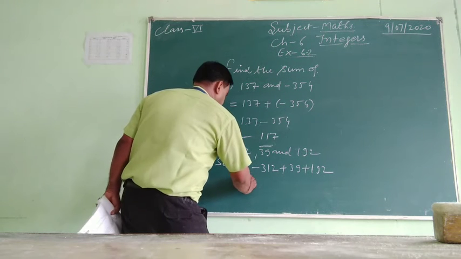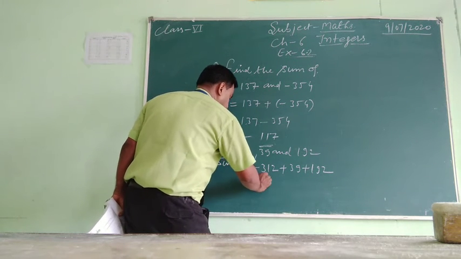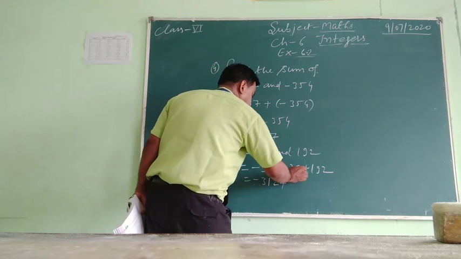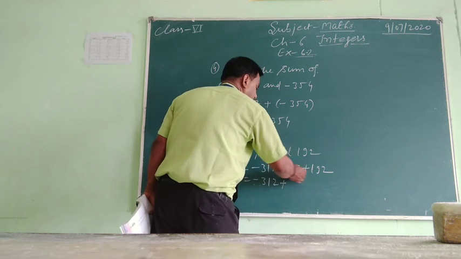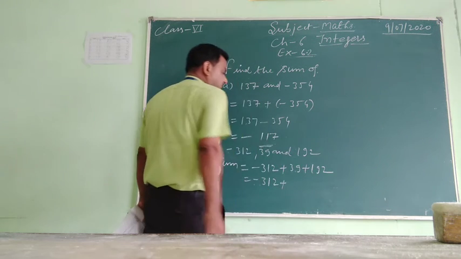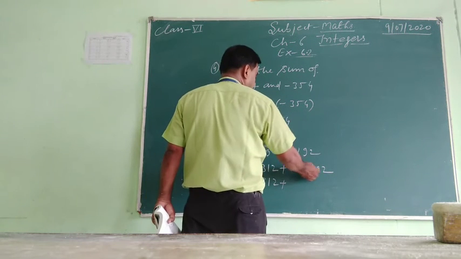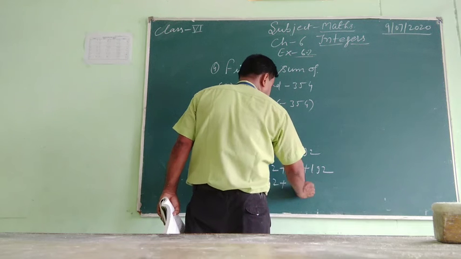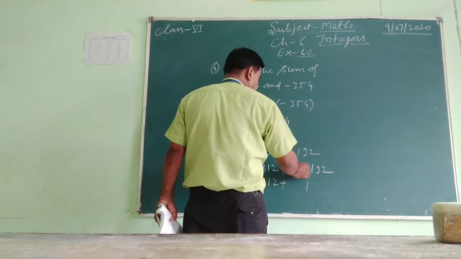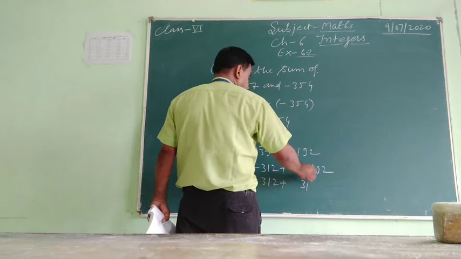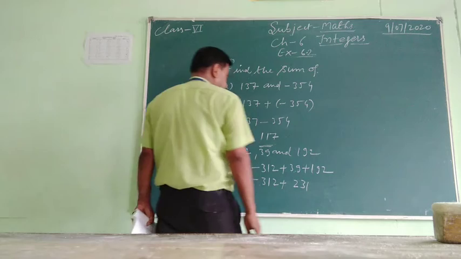We can solve: minus 312 plus 39 and 192. Both are positive, so we will add both numbers. 2 and 9, 11, carry 1, 1 and 0 and 9, 10, carry 3, 3 and 0 and 1, 101, 231.